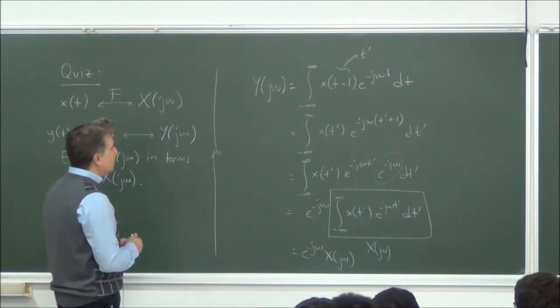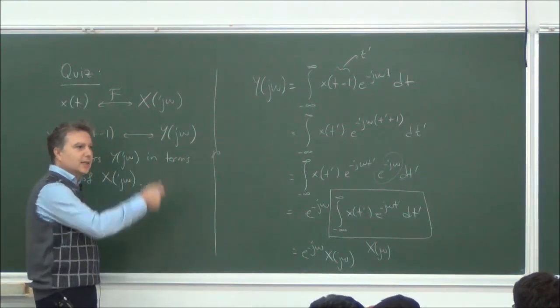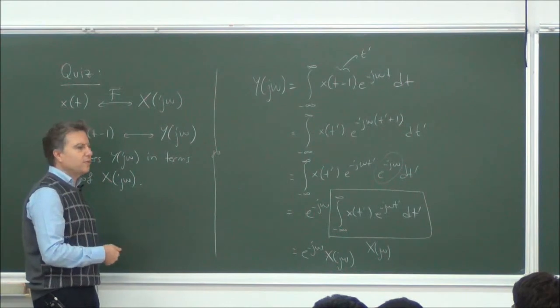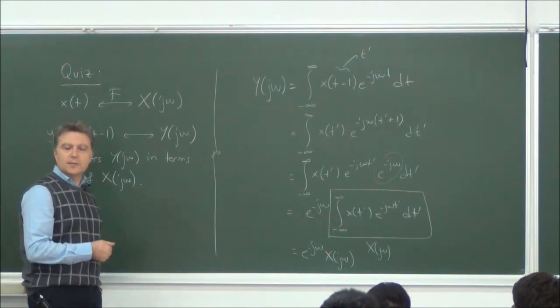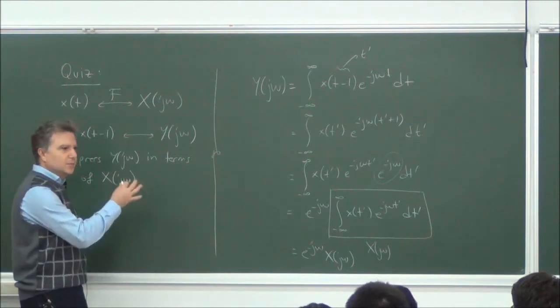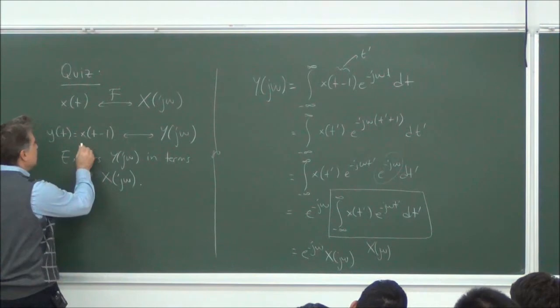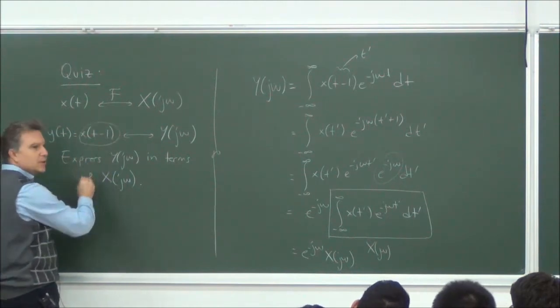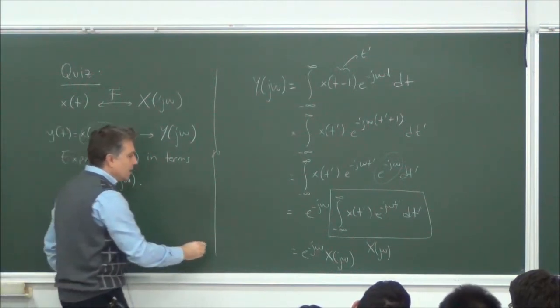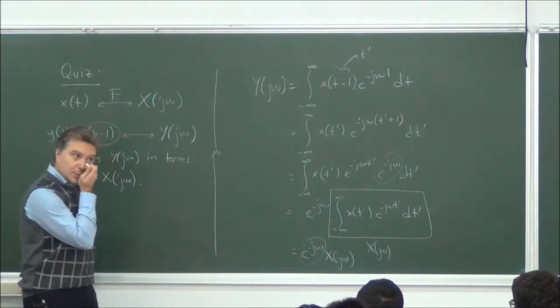So this shows us one important property, and today we will start with listing out properties of Fourier transforms. Usually we will solve the questions using such properties. And the property is saying that if you apply a shift to your signal, then you multiply your Fourier transform by a complex exponential.